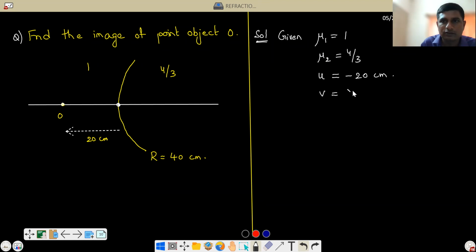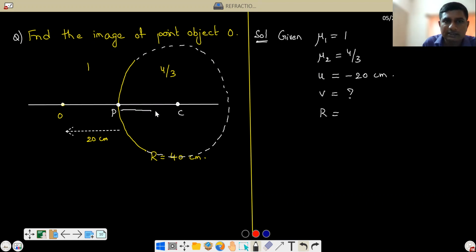And now we are asked to find out V, and what is R? Is it plus 40 or minus 40? That depends on this. Now you see, this is a part of this sphere. No? The spherical surface is a part of this white colored dotted sphere. Correct or not? Whose center will be here? So this is called center of curvature. This is called pole. Okay. So now from here to this distance is called R. But the arrow should be placed like this or like this.